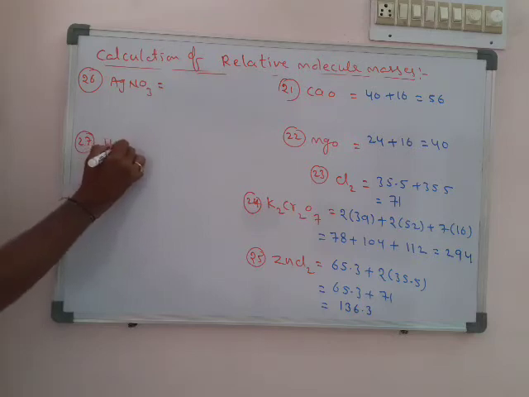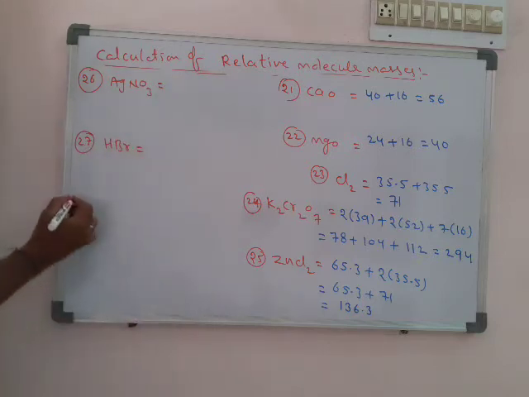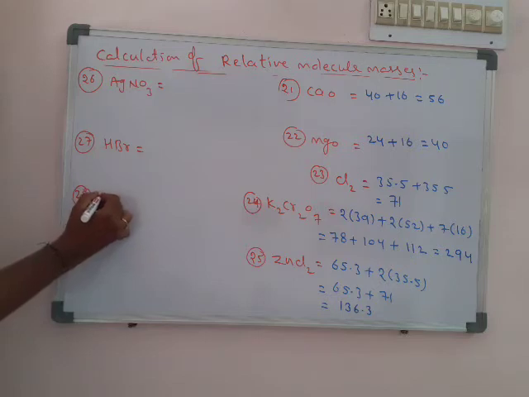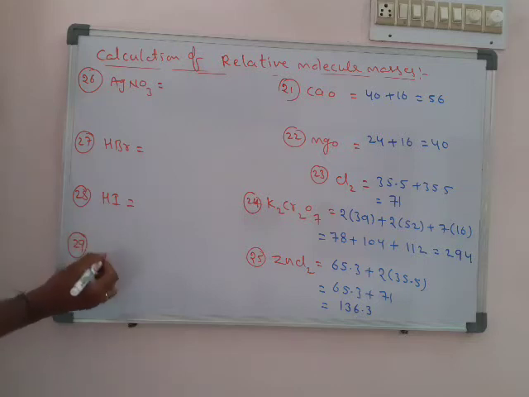That is HBr. Bromine is also not covered in that 30 elements. It's an important one. Okay, next, HI. Iodine is also an important one. So, besides the 30, some other important elements are there.